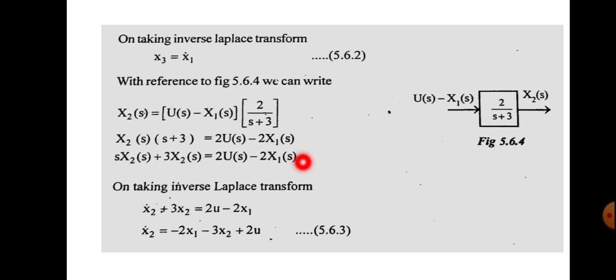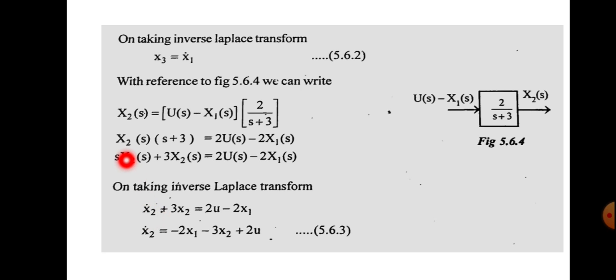Here also you want to find out the time domain equation, so you are taking the inverse Laplace transform of this equation. So you will get x2 dot plus 3x2 equals 2u minus 2x1. See here, actually this is the s domain equation. By taking the inverse Laplace transform you are getting the time domain equation, and here whenever an s domain quantity is multiplied by s, then its inverse Laplace transform will be first derivative.